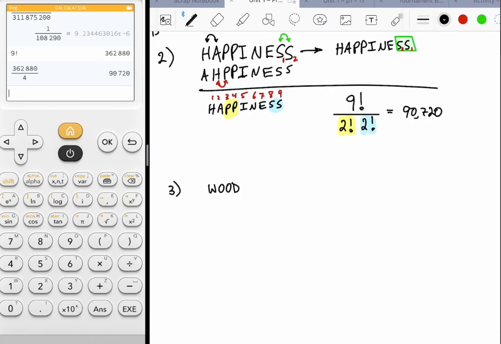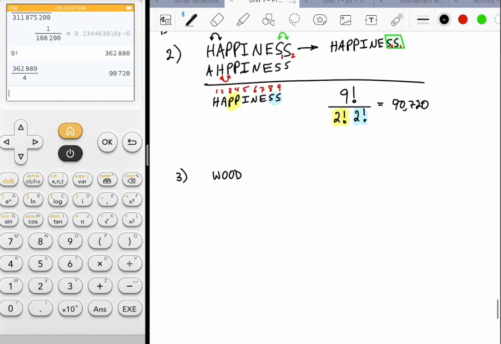But in a much simpler case, if I take the word wood and make a tree diagram, put a little subscript for each of the O's. Eventually you're going to see that we're going to have some repeats here. But just go through the motions, at least early on.